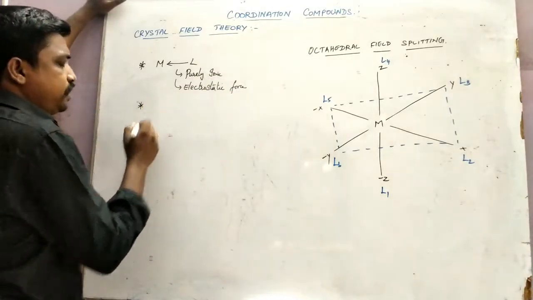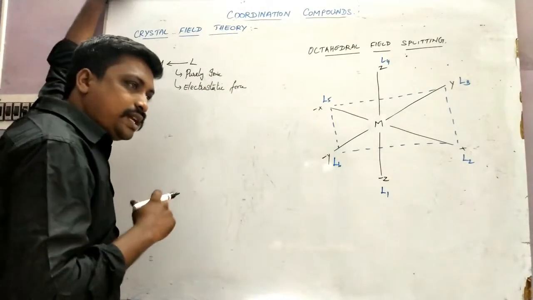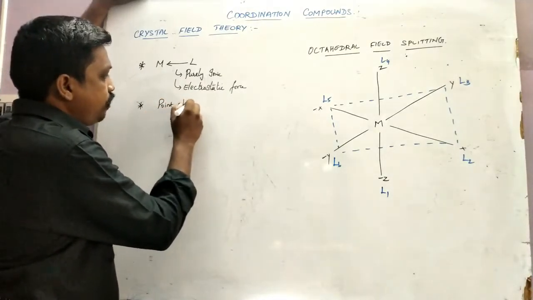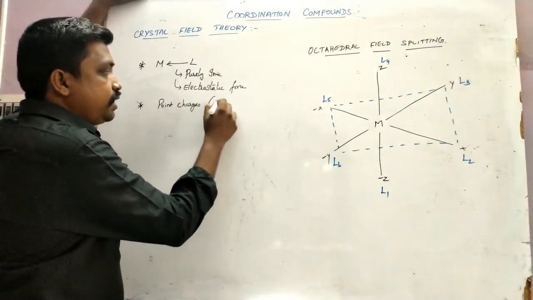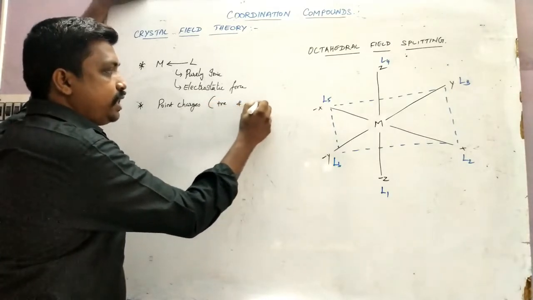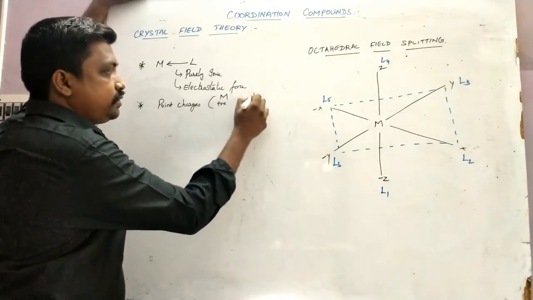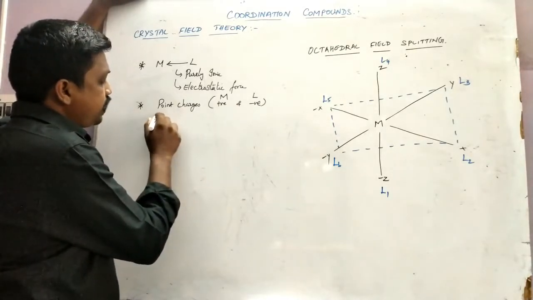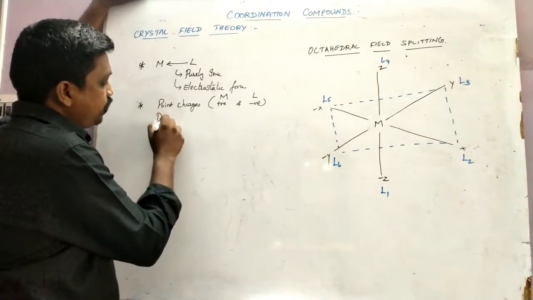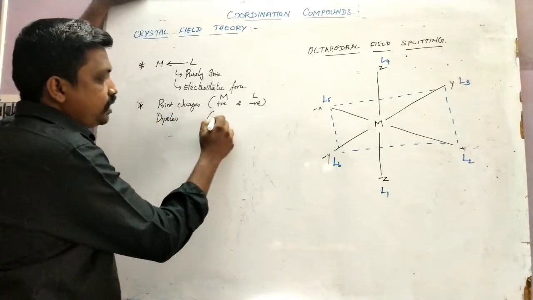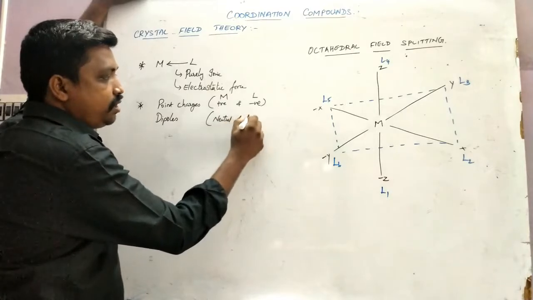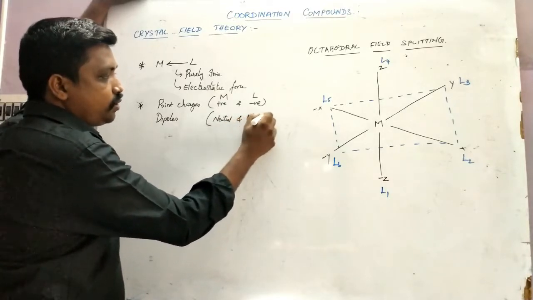Also it considers the metal ions and the ligands as point charges when the metal ion is positive and the ligand is negative. This is the metal and this is the ligand. And it considers them as dipoles when the metal is a neutral metal atom and the ligand is also a neutral ligand.